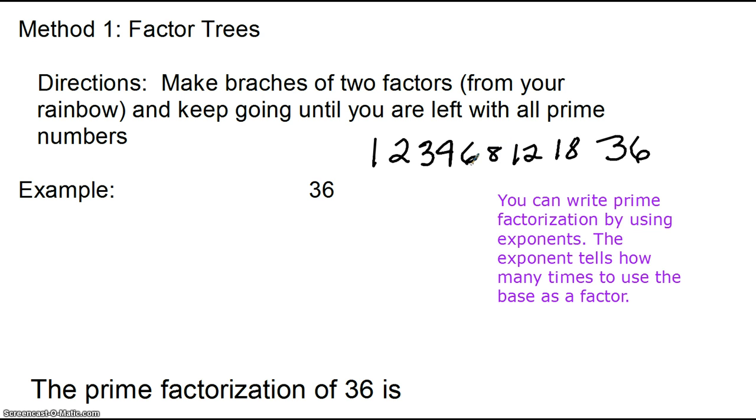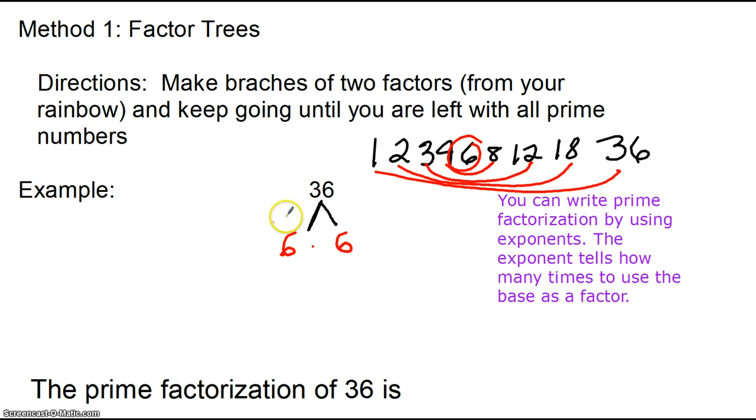So 36 has a lot of factors. I am going to look for the last rainbow. This is a rainbow, rainbow, rainbow, rainbow, and then 6 is all alone. That is the greatest factor, and that's what I'm going to start with to make this a little less long. So 36 is the same thing as 6 times 6.